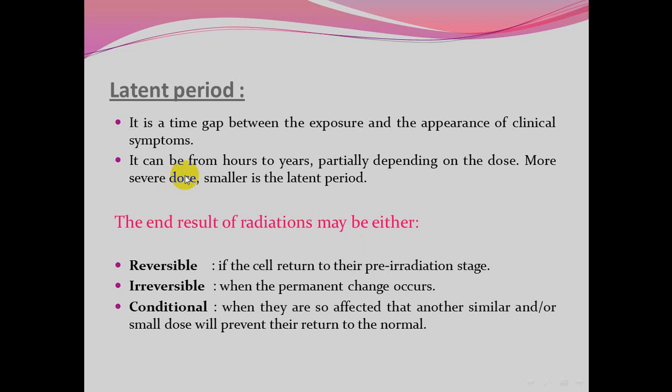That means the more severe the dose, the smaller the latent period, like in acute exposure to radiation, as happened in Hiroshima and Nagasaki, when people there received a high dose of different types of radiation in a small period of time.